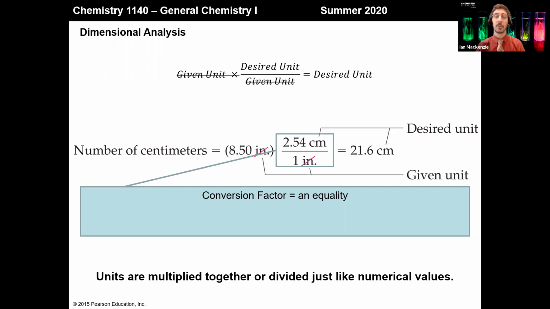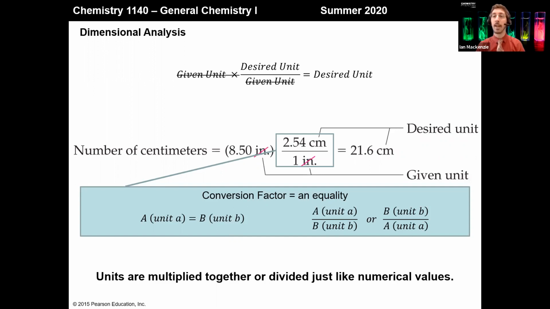Conversion factors are simply equalities. Any equality is a conversion factor. So I know that 2.54 centimeters is equal to 1 inch. That is an equality. Anytime I have some numerical value with some unit that is equal to some other numerical value with some other unit, I can write that as a conversion factor, and I can write it however I need it to be.